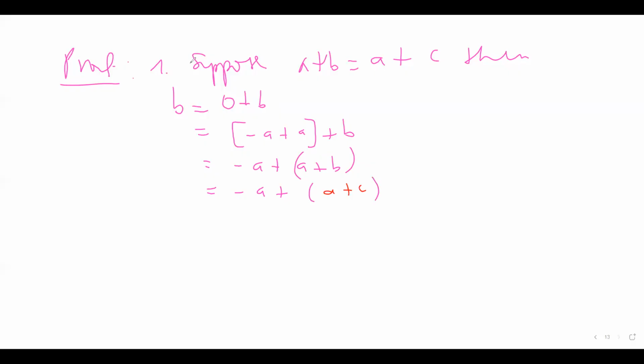And then we will get finally, we take this guy to the other side, then we have A plus B is equal to A plus C, which ends the proof.